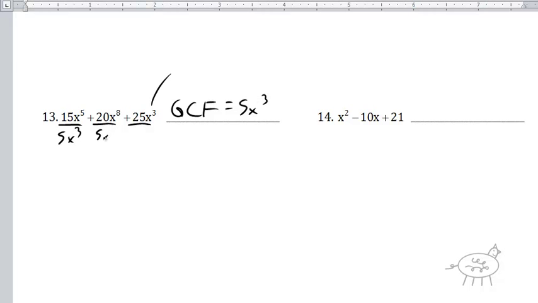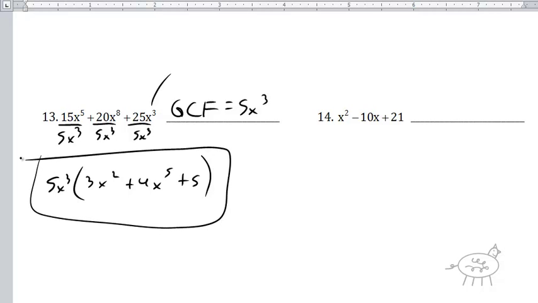So we get 5x cubed, parenthesis, 3x squared plus 4x to the 5th, and then plus 5, right? The x cubes cancel out. And that's it. So again, if you ever wanted to check it, just distribute that 5x cubed to all three terms, and you should get the original problem.